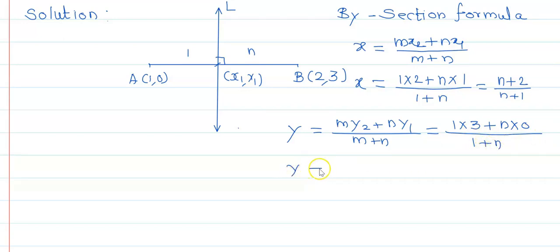Therefore the y coordinate is 3 upon n plus 1. Therefore our required line passes through the point.